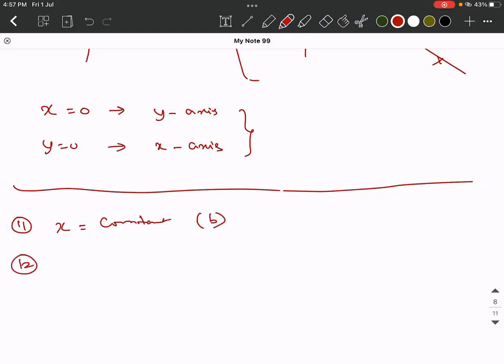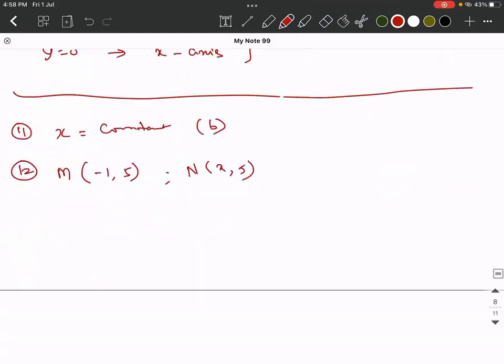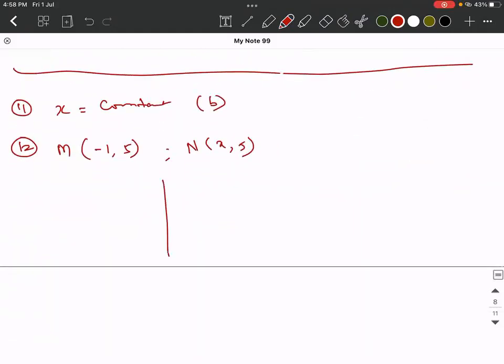Is everyone able to understand? Right? Now what about the 12th? M is a point (-1, 5), and N is a point (x, 5). The distance between these 2 points is 8 units. What is the value of x? Listen to this. You need to take the idea from coordinate geometry.